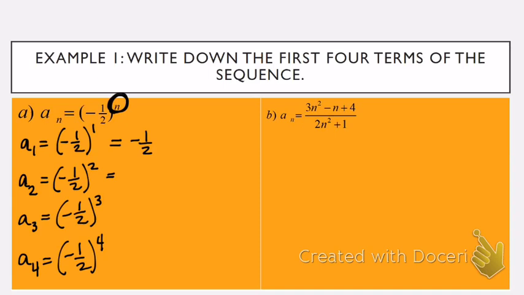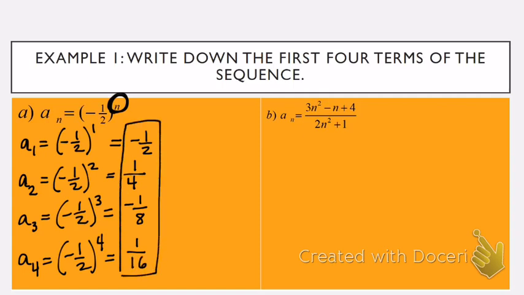Negative 1/2 squared would be negative 1 squared and 2 squared. So in a fraction, you have to square the top and square the bottom. Negative 1/2 cubed would be negative 1/8, because you would cube negative 1 and cube 2. And negative 1 to the 4th power is 1, and 2 to the 4th power is 16.